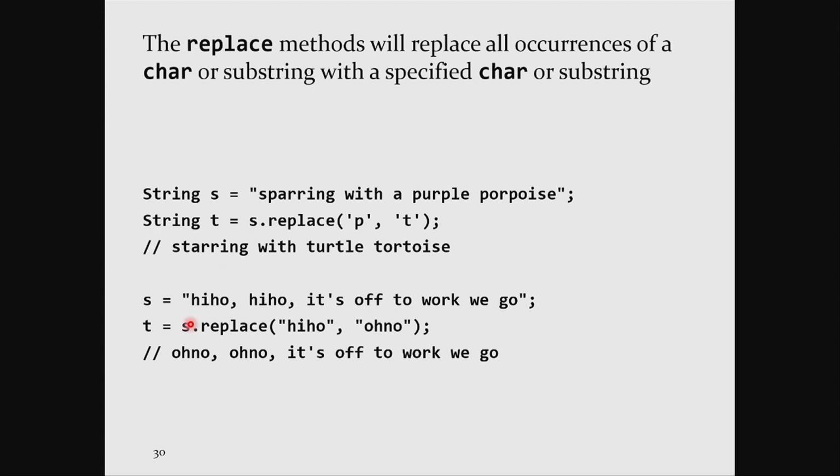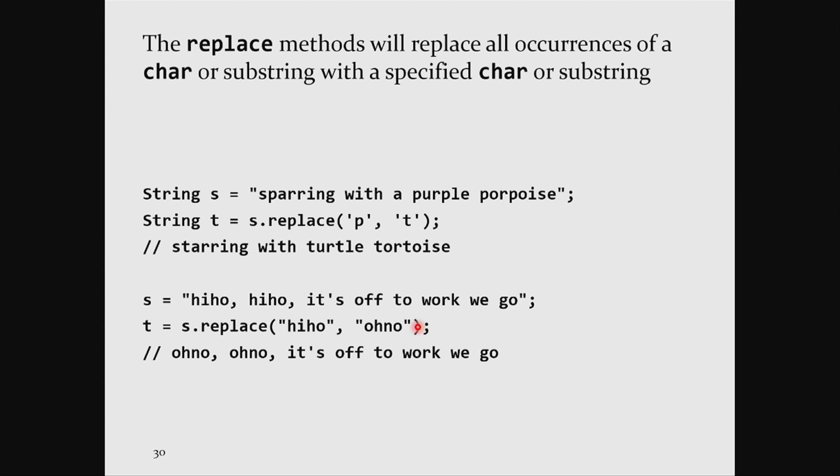If I reassign s to point to a new string, it's not changing the original string; I'm making a new string object and assigning that string object to s. I'm doing the same thing with t. I'm not replacing starring with a turtle tortoise. What I'm doing is making a new string that's the replacement of hi ho with oh no, and assigning that to t.